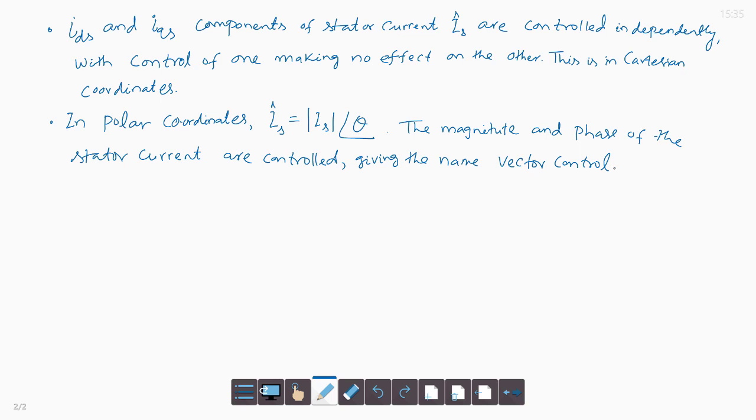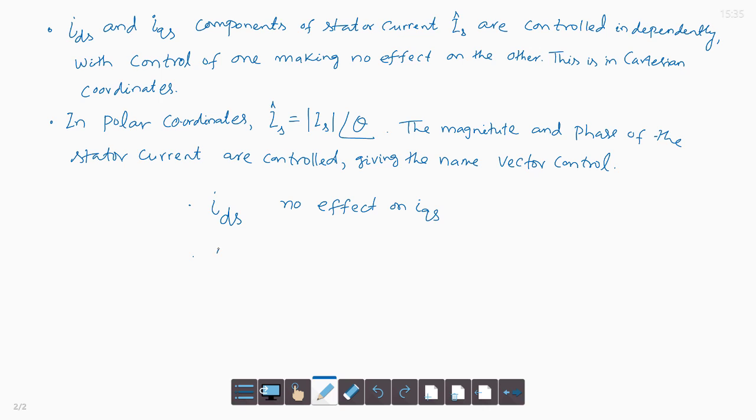So, now the point is when the flux component IDS is controlled, it has no effect on IQS. So, only flux is controlled, IDS controls the flux, no effects on IQS.